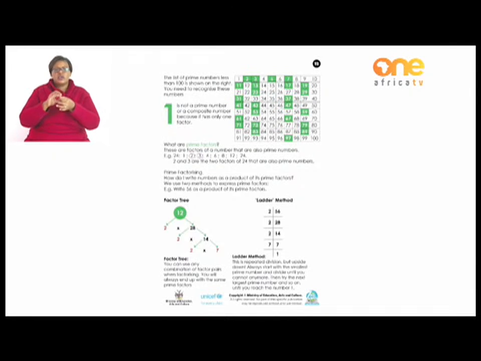The ladder method is a repeated division, but upside down. Always start with the smallest prime number and divide until you cannot anymore. Then try the next largest prime number, and so on until you reach the number 1.